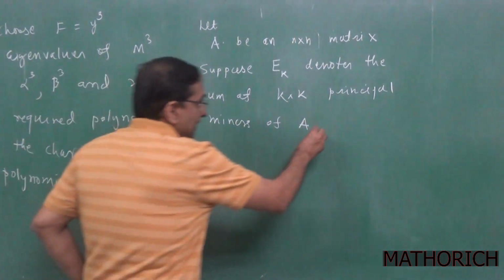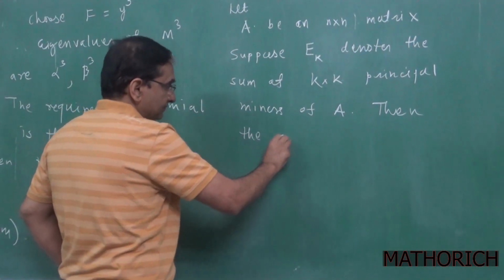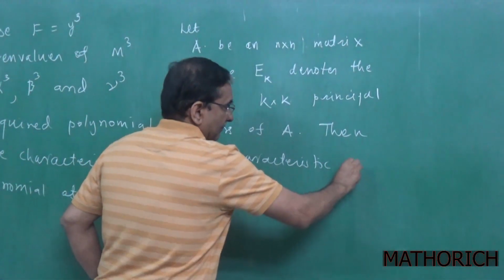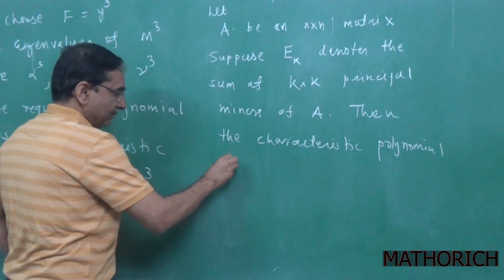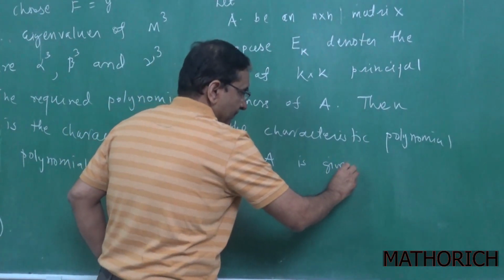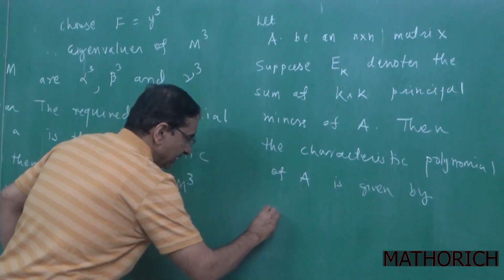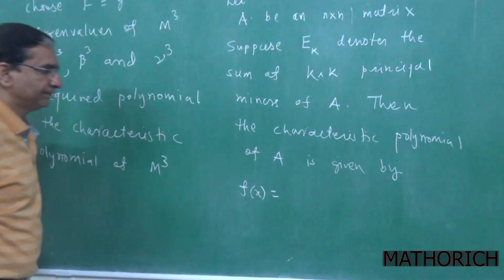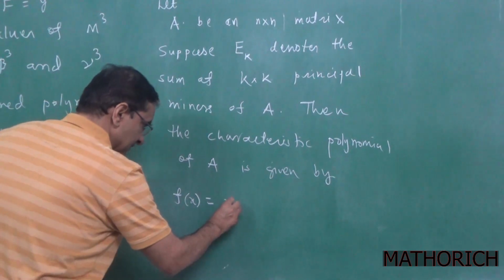Then the characteristic polynomial of A is given by, let me write, f(x) equal to x raised to n. It's a monic polynomial.